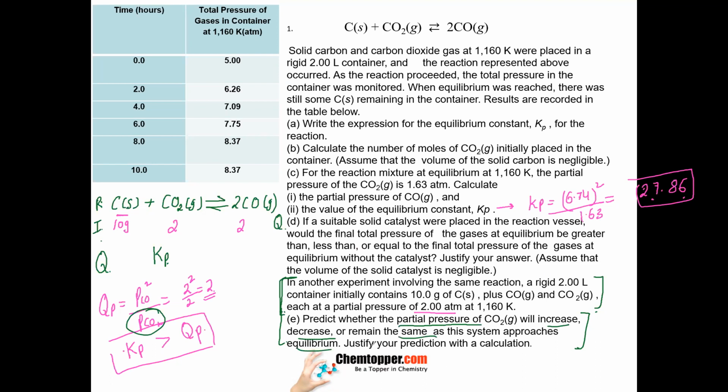What will happen to the partial pressure of CO2 when it is shifting? Please write down. All of you write down. Ariba. Yeah, it will decrease because it is shifting to the right. Look at Sanvi, she is giving me the reason also. Yes, Anzara. Yes, Ariba. Good.